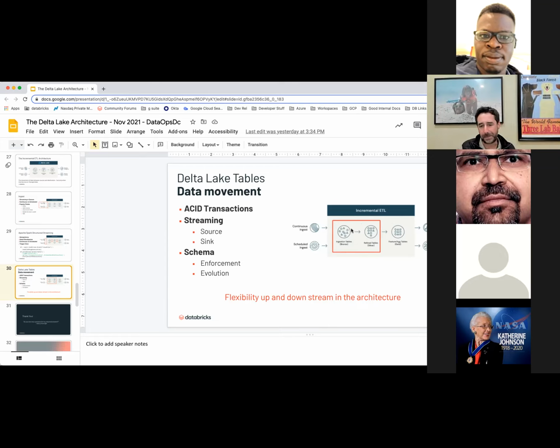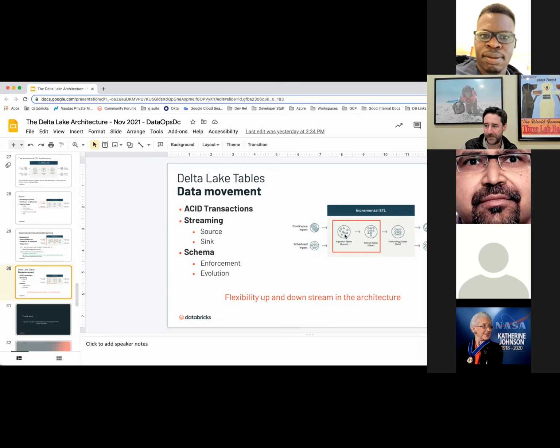But what we see is you pump the raw data into a bronze table as is. And then you can recreate anything in the past based off of that, since Kafka usually only keeps whatever it can in memory.